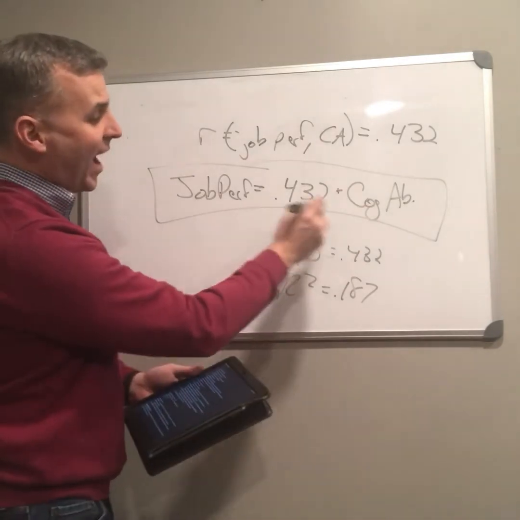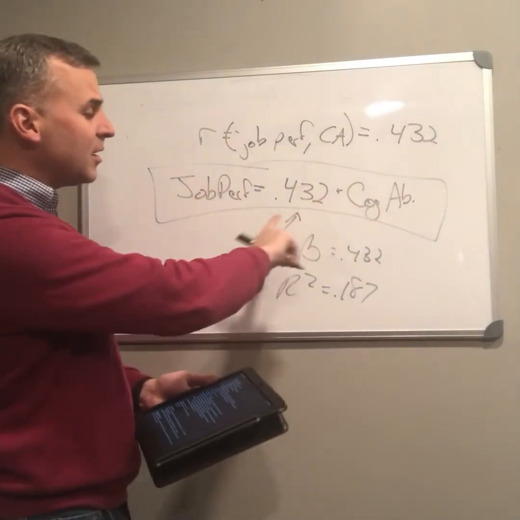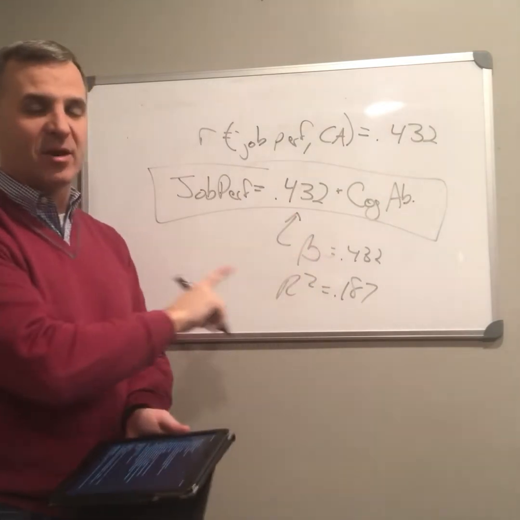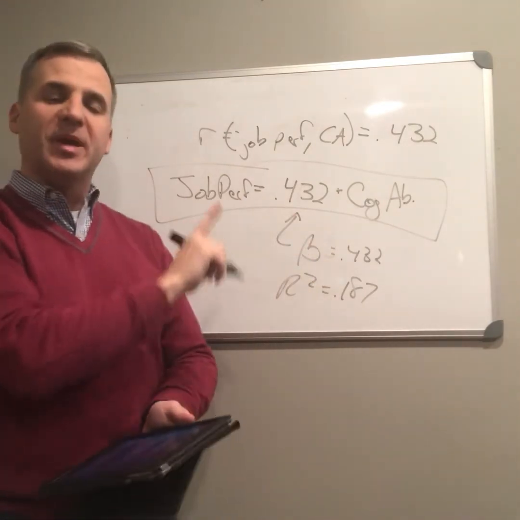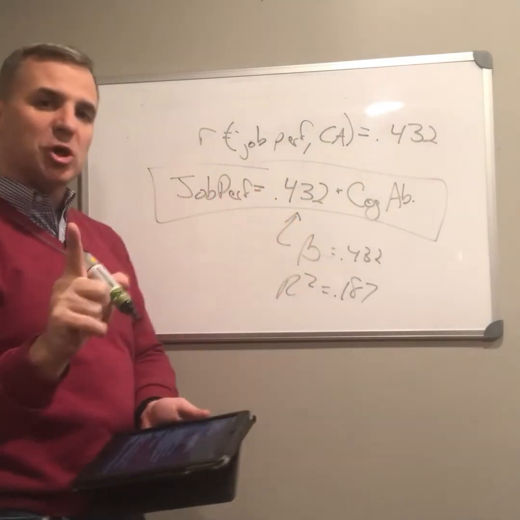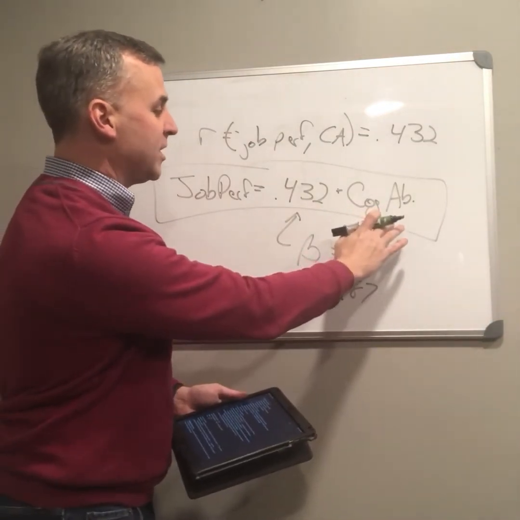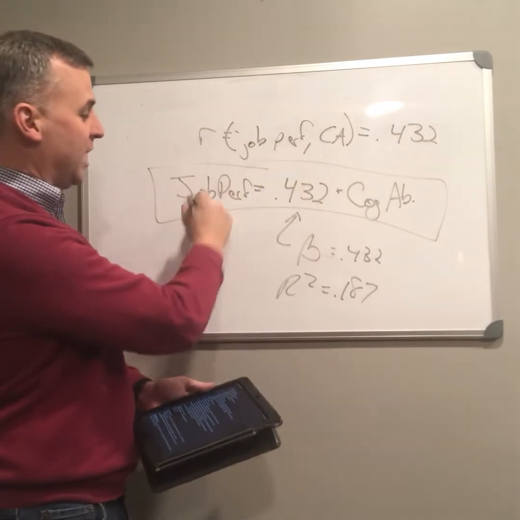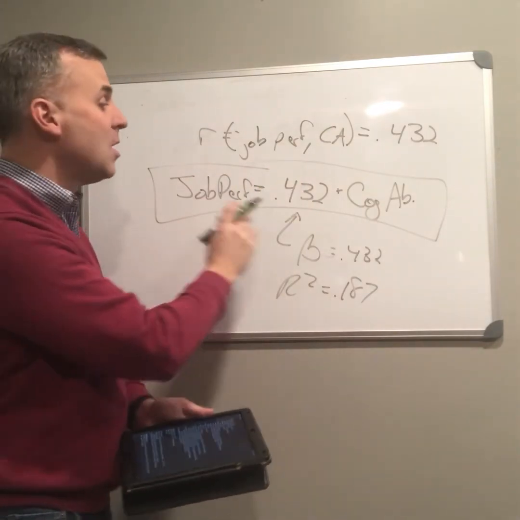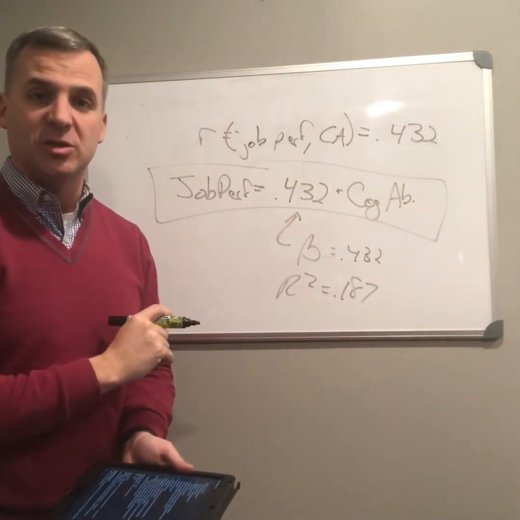Now, when we interpret the standardized regression equation, because these are z-scores, the interpretation changes a little bit. Instead of a single point increase being worth this much point increase in the outcome variable, we talk about it in terms of standard deviation units.